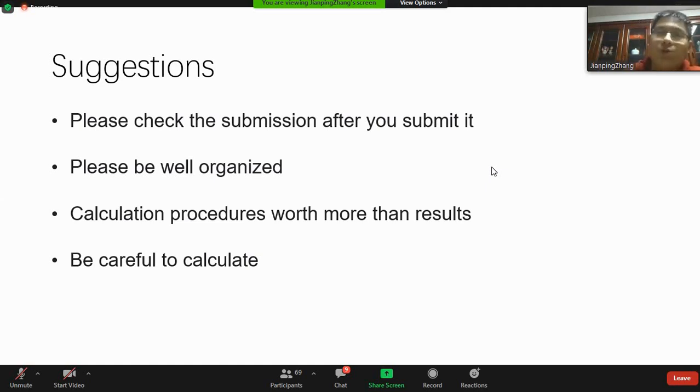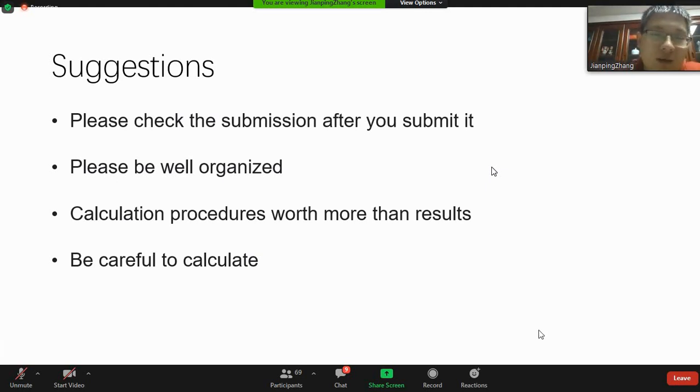So we need to go through all the pages to find the corresponding solution.